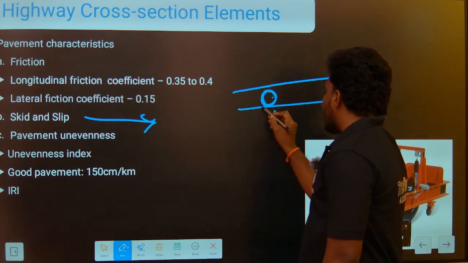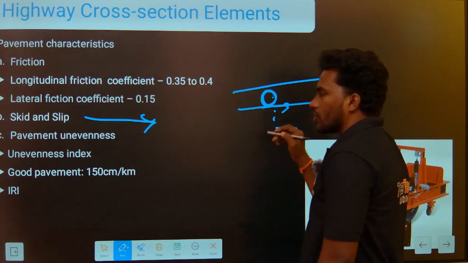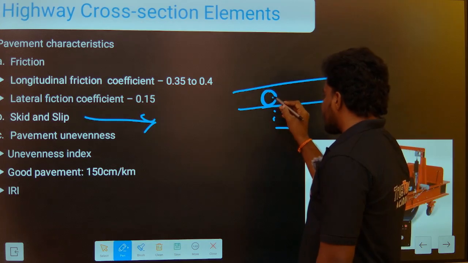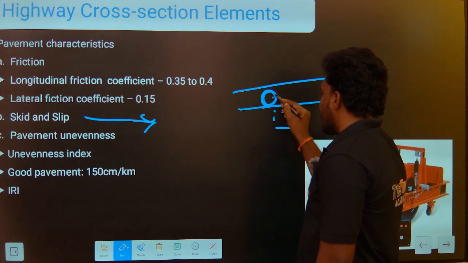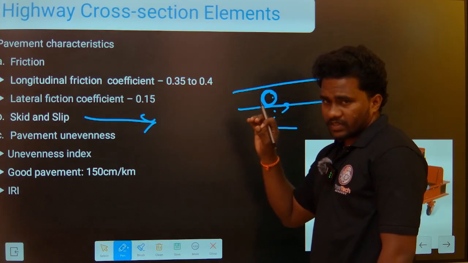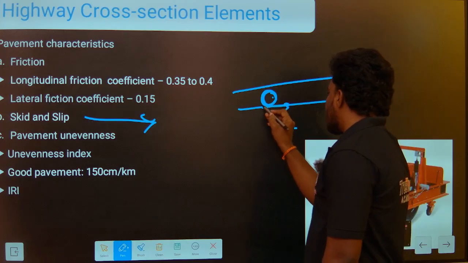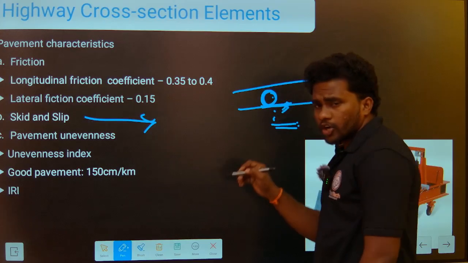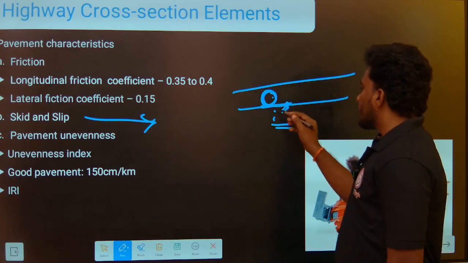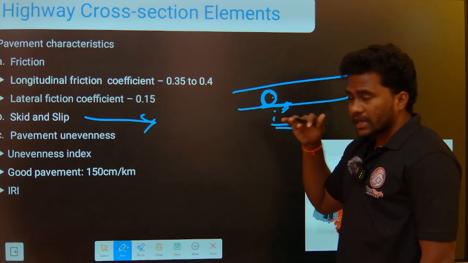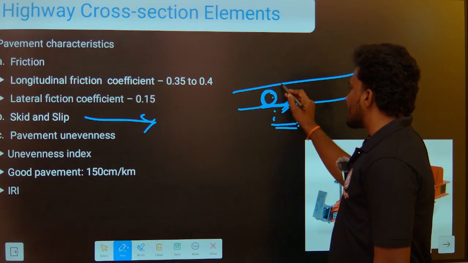Skidding means when no friction is there, the tire of the vehicle is going along the longitudinal direction without revolving. So this is nothing but the skid.